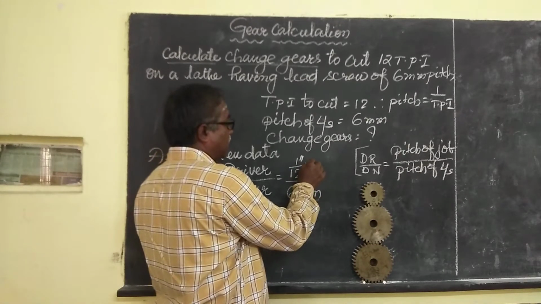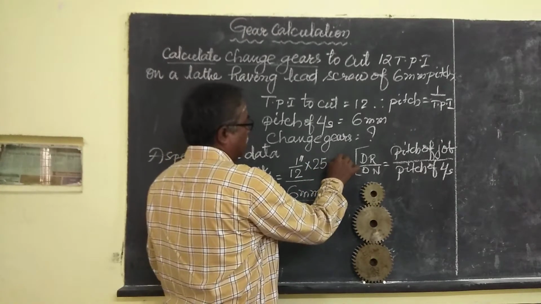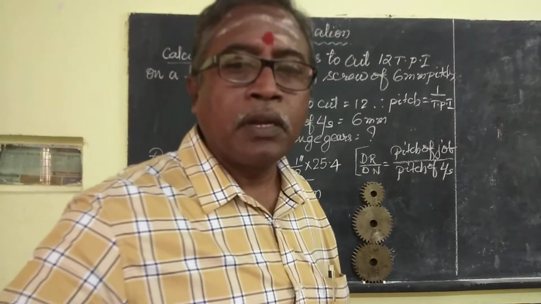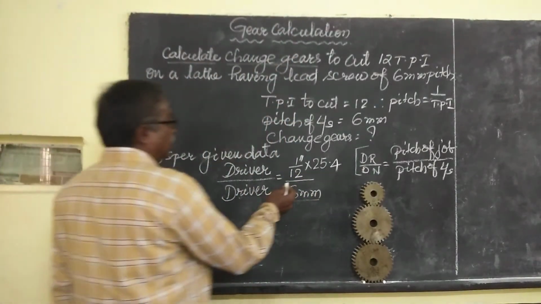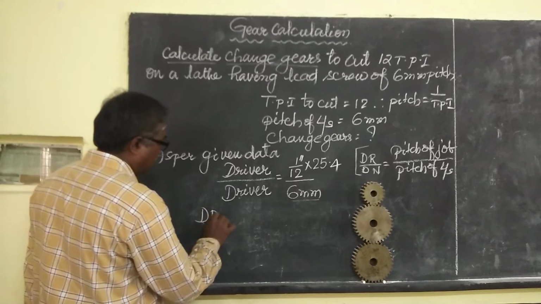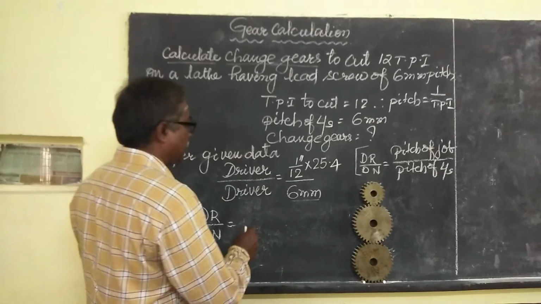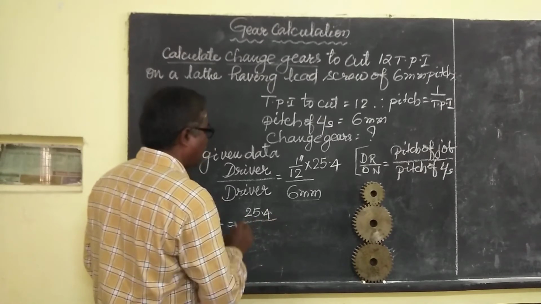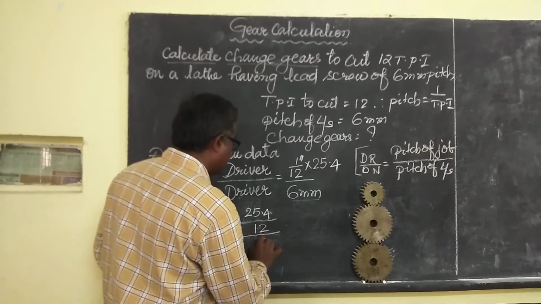To convert it, the factor you have to use is 25.4. So Dr by Dn, driver by driven, is equal to 25.4 by 12 by 6.